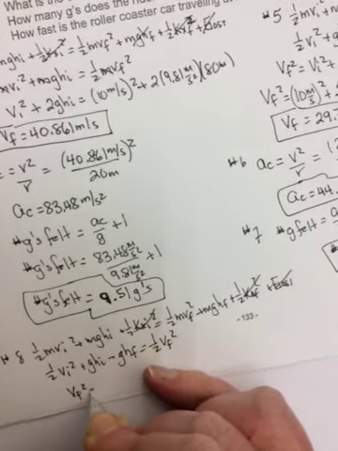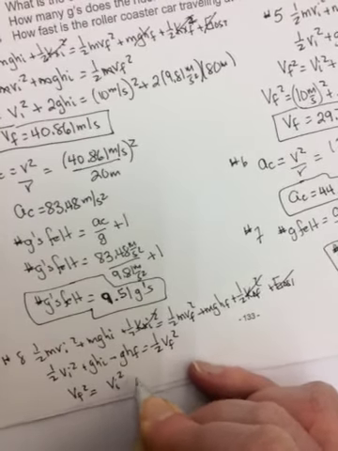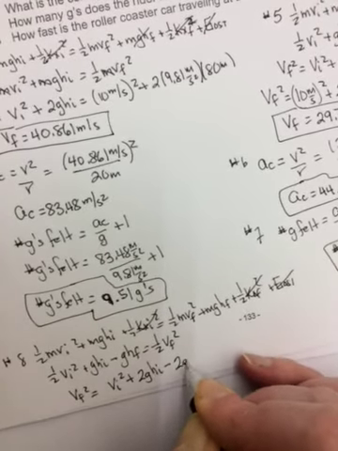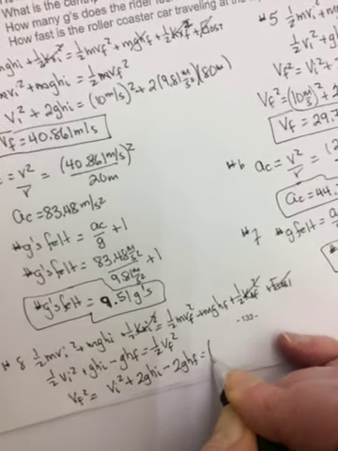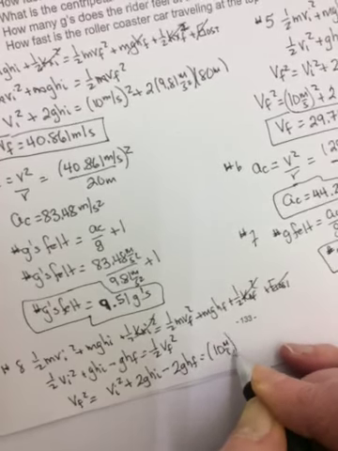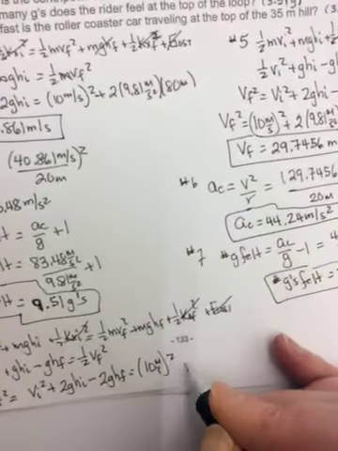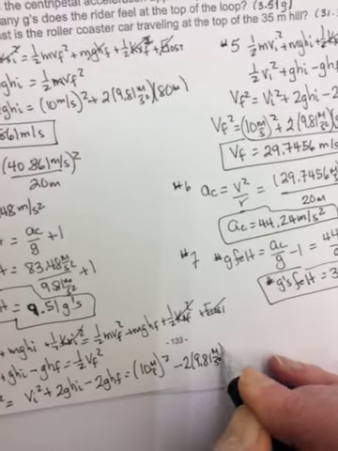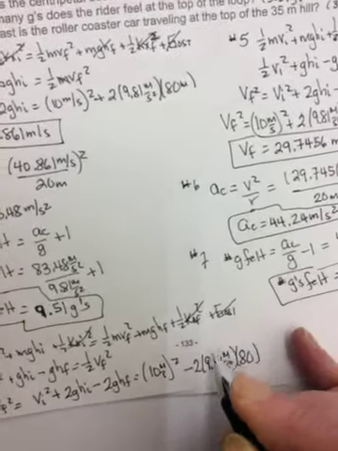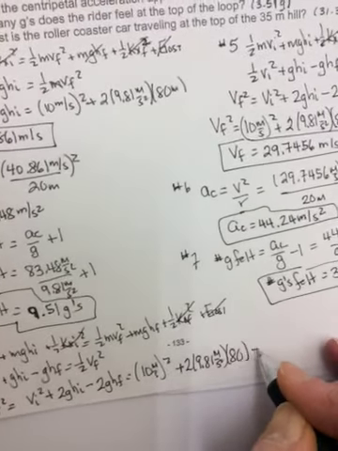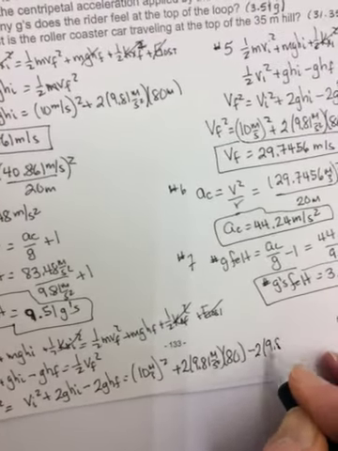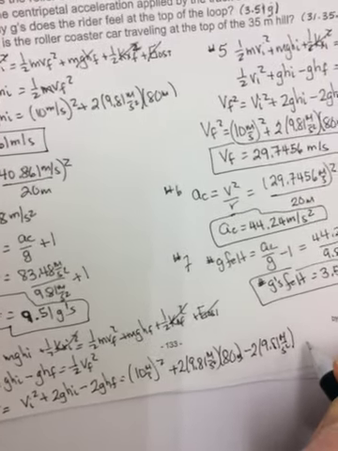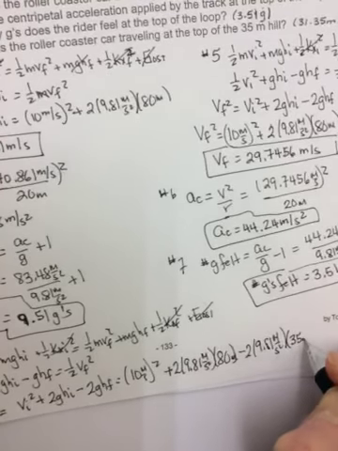So VF squared will equal VI squared plus 2GHI minus 2GHF. So 10 meters per second, squared, plus 2 times 9.81 meters per second squared times 80 meters, minus 2 times 9.81 meters per second squared times 35 meters.